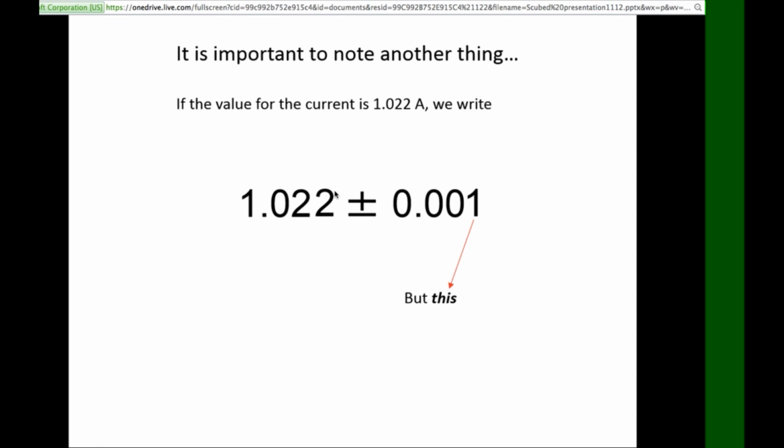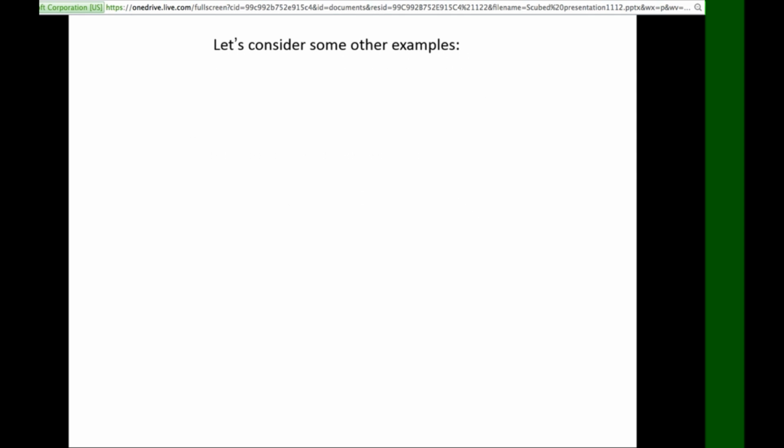So that's why if the value in front of the plus and minus is quoted to 3 decimal places, the error has got to be quoted to 3 decimal places as well. So this one over here means that the uncertainty in this is 1. In other words, the value 1.022 can vary between 1.023 and 1.021. It's plus 0.001 or minus 0.001.